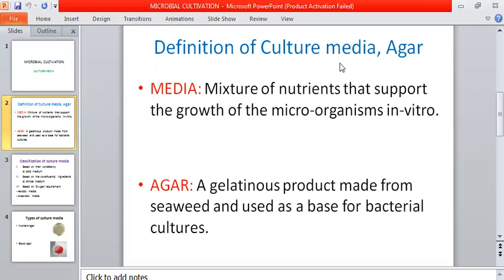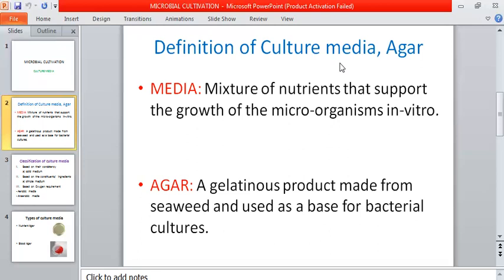So we can have liquid, semi-solid, and solid media. Liquid media is normally without agar. Solid media has some percentage of agar, for example 2.5. It looks gelatinous. Semi-solid means that it's not solidified, but it's kind of liquid, though not completely in liquid form.